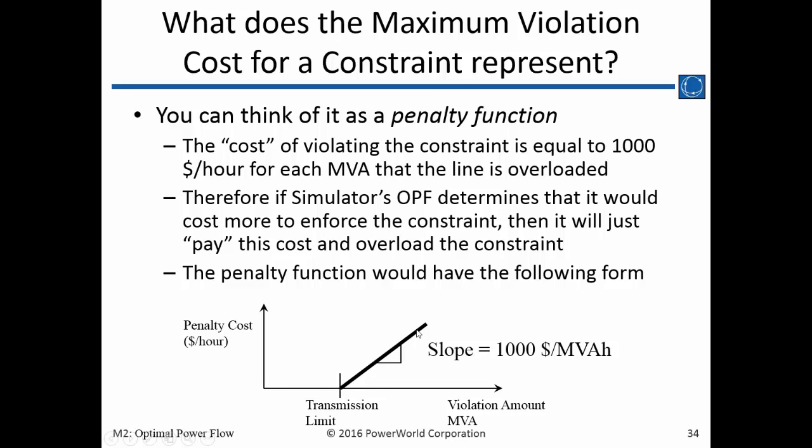When it hits its limit and it goes up, then it starts increasing cost at a rate of whatever that value is. By default, it's $1,000 per MVA hour, and that's what gets applied into the cost function. So the more heavily loaded a line is, the higher the cost in dollars per hour. So simulator is going to try to drive that back down if possible to the limit, as close as it can.